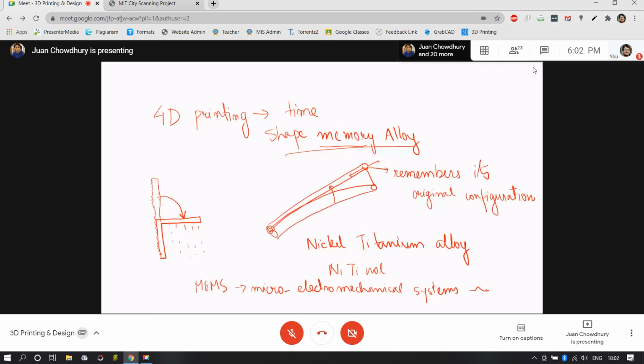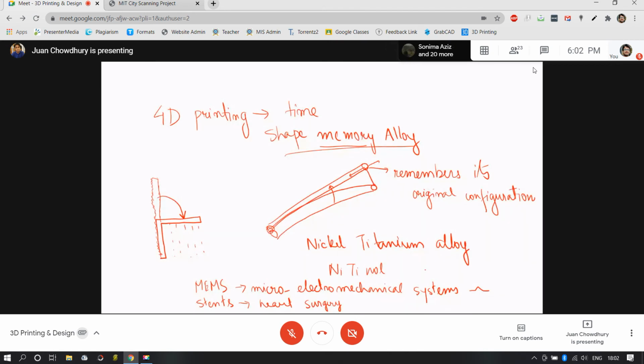So there is a medical application called stents, which are the most applied technology now. I'm sure some of you have heard about them because these are used in heart surgeries. Now the best part is that you put a stent in a heart.